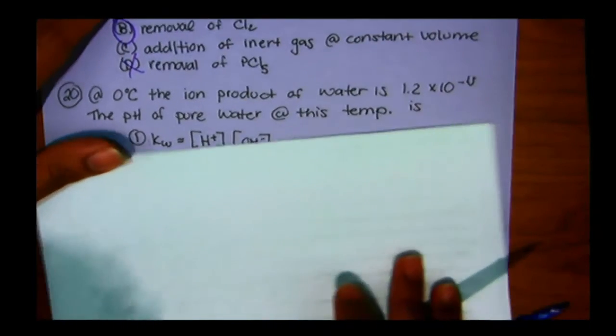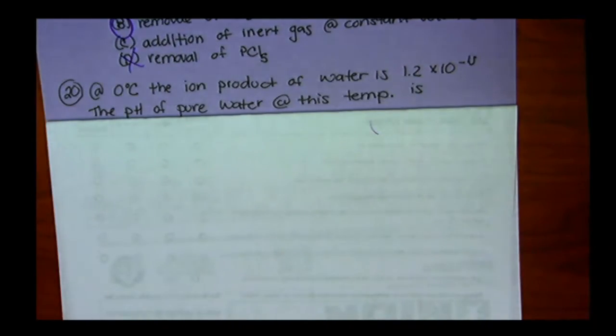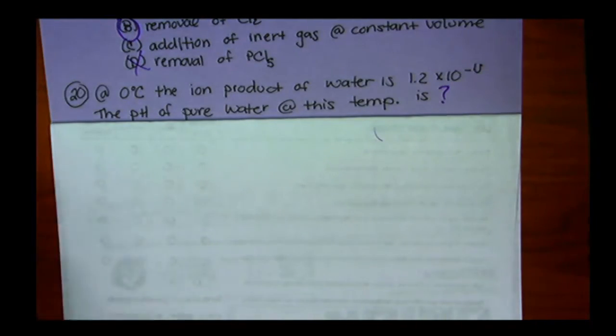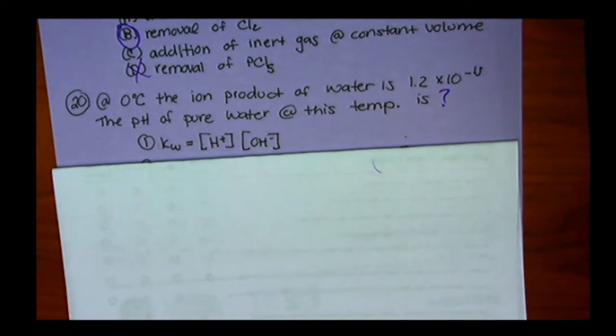All right, so at this point, we know that our Kw is equal to the amount of hydrogen ions multiplied by the amount of hydroxide ions. Hydronium and hydroxide ions. And the fact that it's pure water is telling you that they're equal to each other.